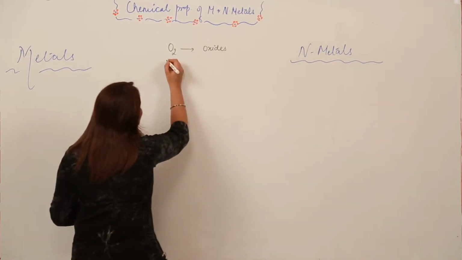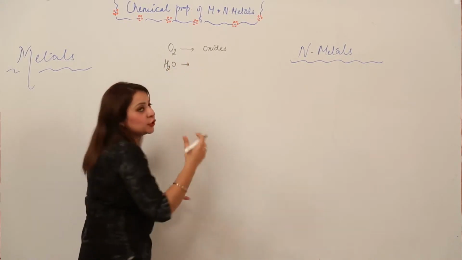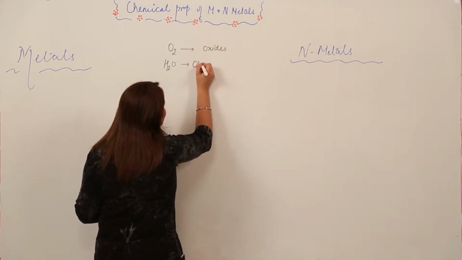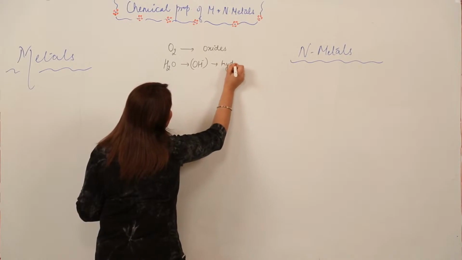And when we react some substance with water, you know the crisscross combination occurs with the hydroxide ion, and it leads to the formation of respective hydroxides.